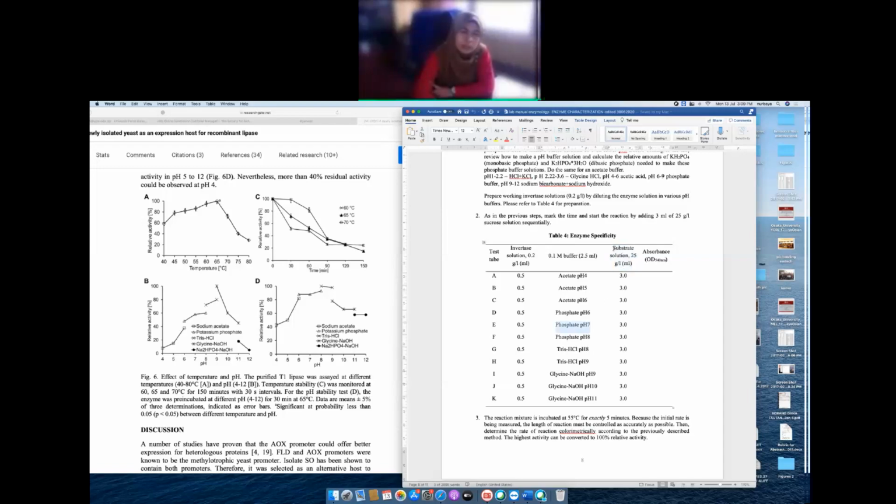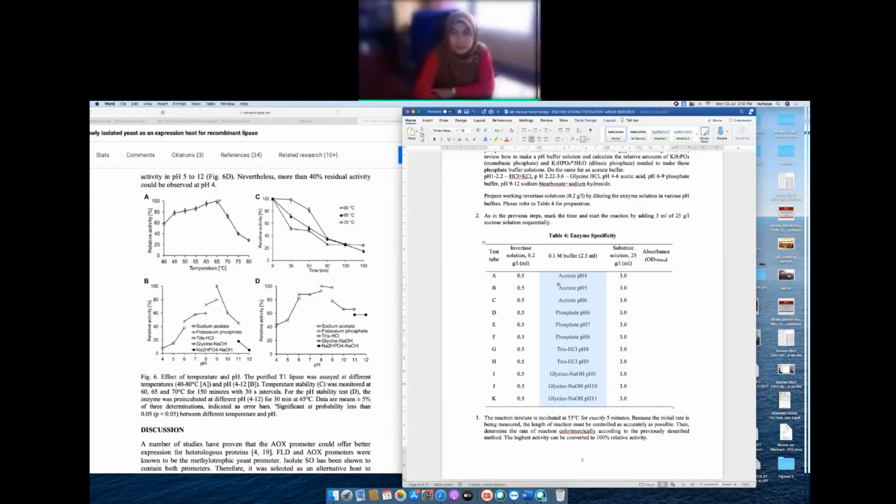But now, since we are going to test at which pH will be the best for the invertase, we will prepare the substrate by dissolving the substrate, which is sucrose, in this buffer.